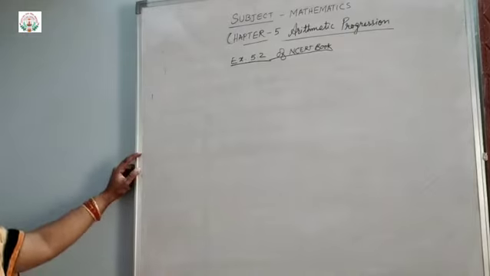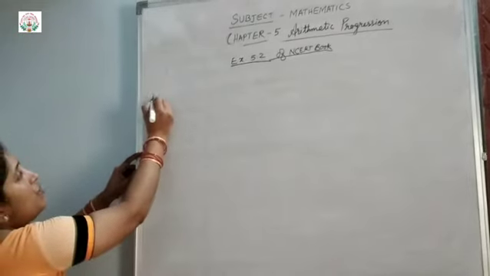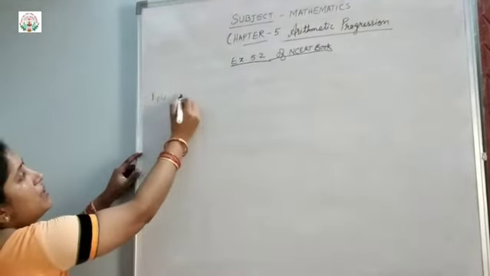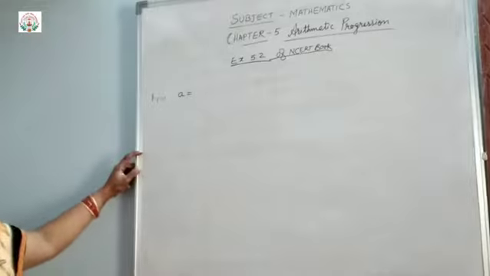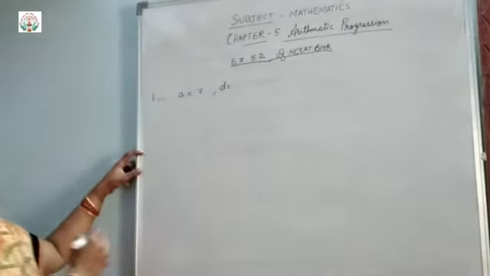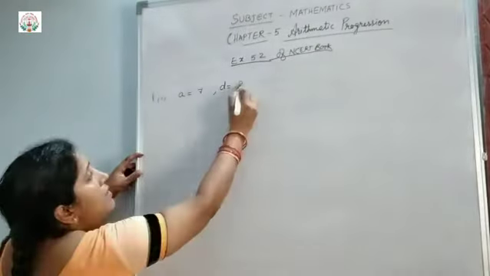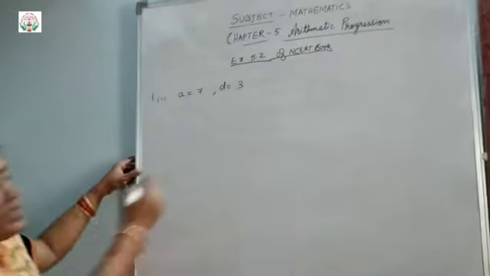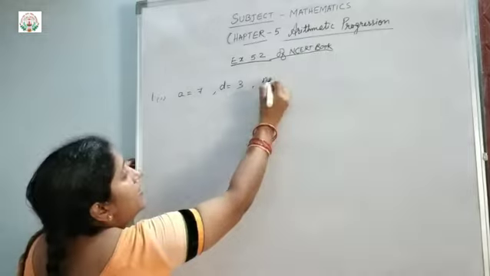Now the first question, first part. What is given? A is given as 7, D is given as 3 and N is given as 8.